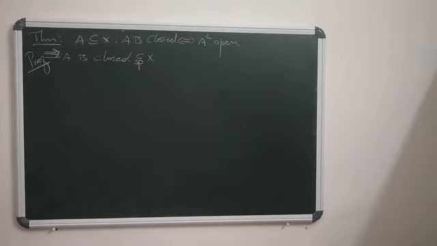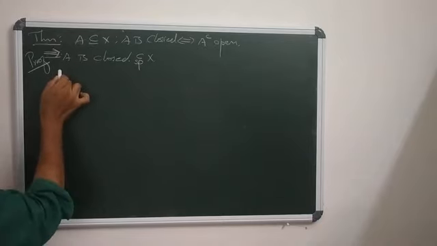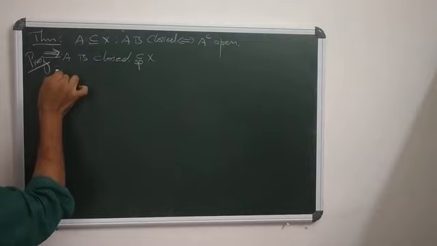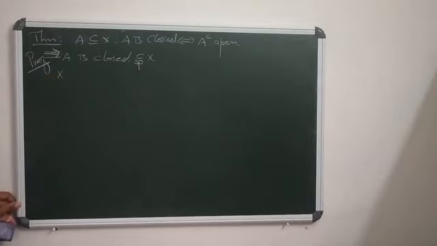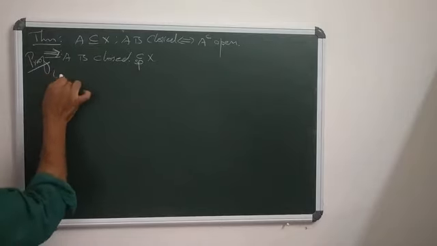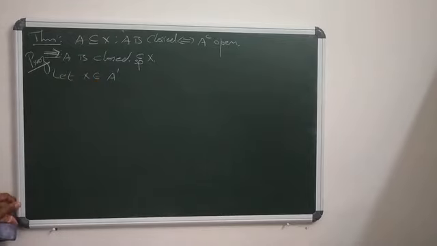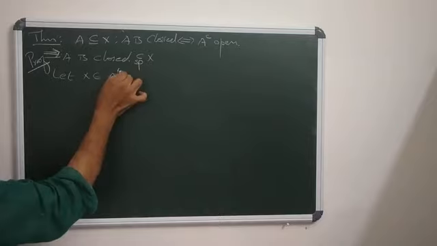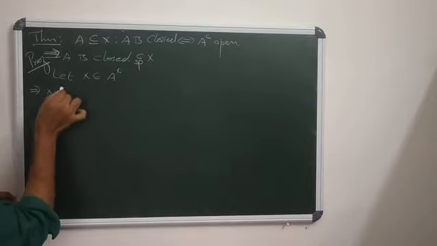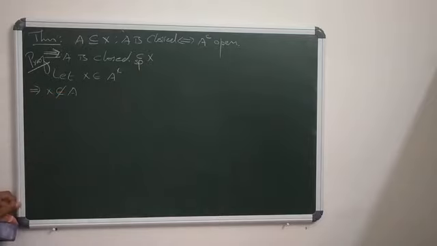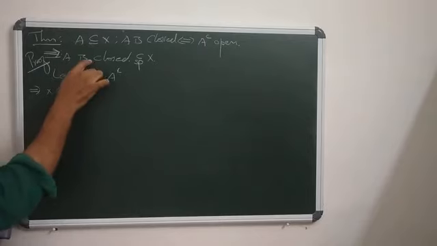Okay. So A is a closed subspace of X. Now to show that A complement is open, let x fall in A complement. x in A complement means this x is outside of A. But what is A? A is closed.